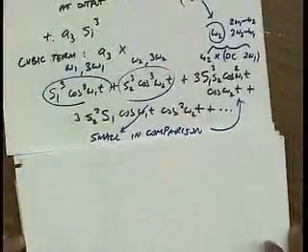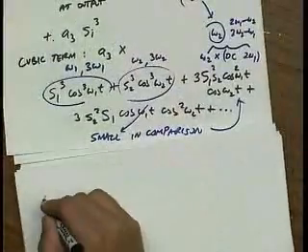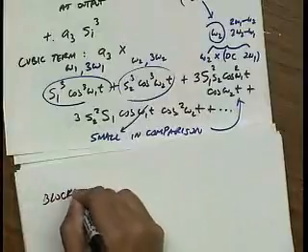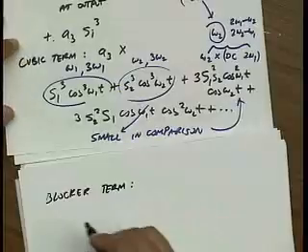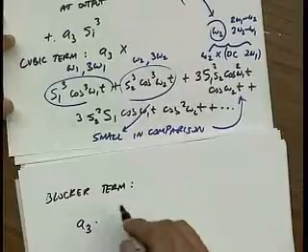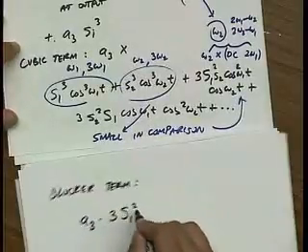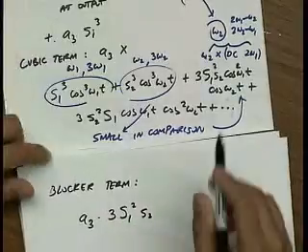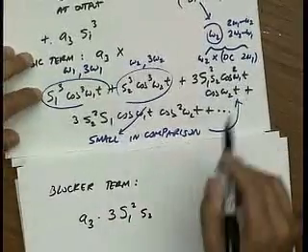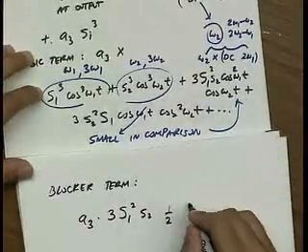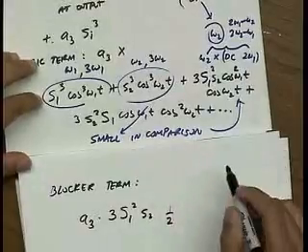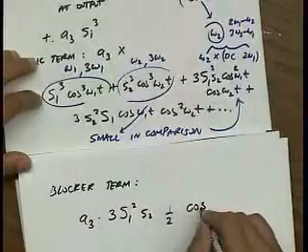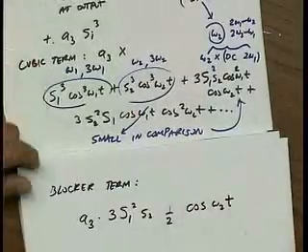All right, so let's focus on that term. So let's say the blocker term looks like A3 times 3 S1 squared S2. When I square cosine, I get 1/2, basically 1 plus cosine 2 omega, which we don't care about. So this all appears at cosine omega 2t.